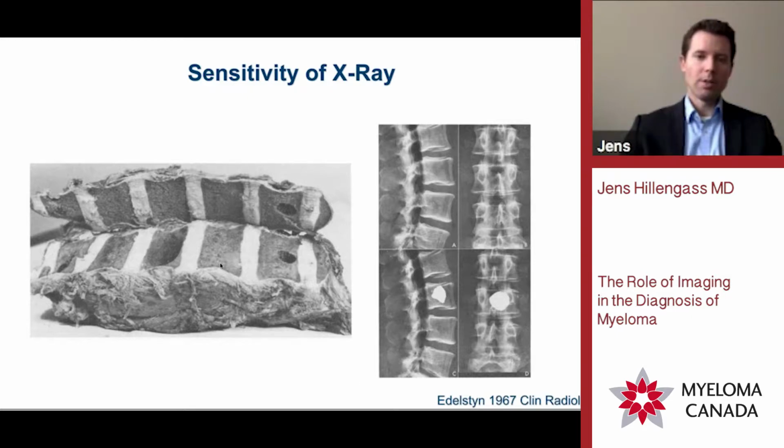As you can see here, they drilled bigger and smaller holes, and they found that you have to destroy 30 up to 70% of bone until you see a change in the conventional X-ray. In my point of view, and I guess most of you agree, this is really too late. We cannot wait until 50 to 70% of bone is destroyed until we see something in imaging.